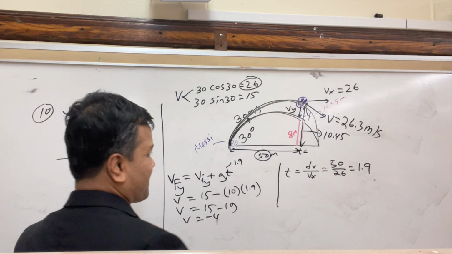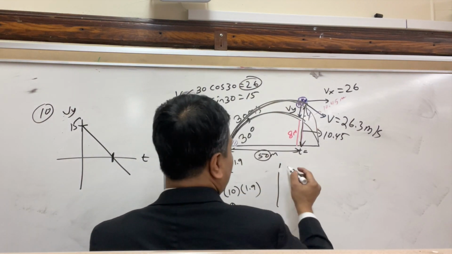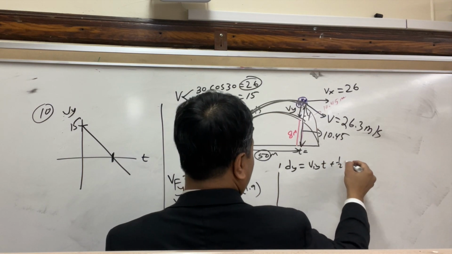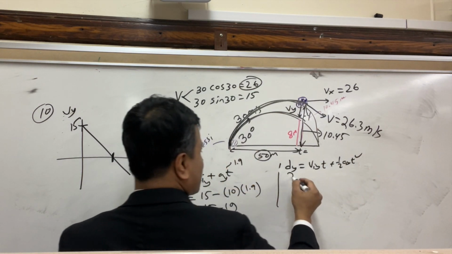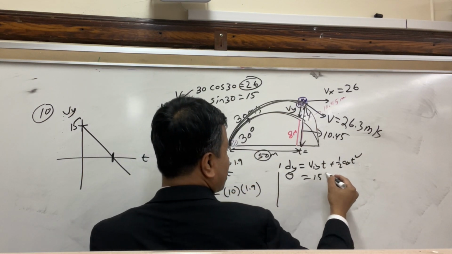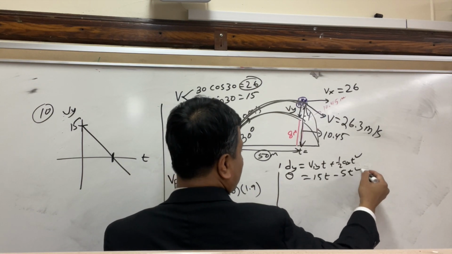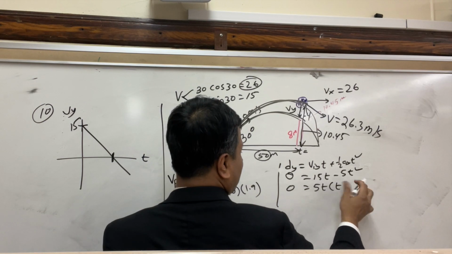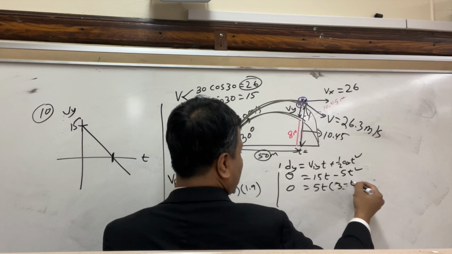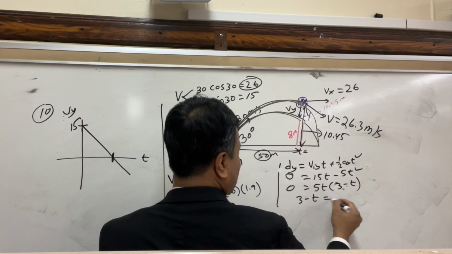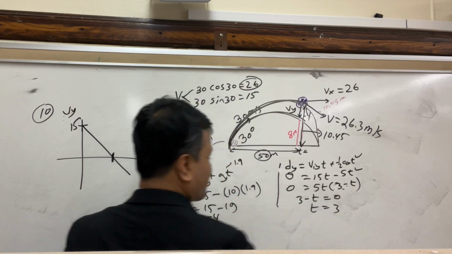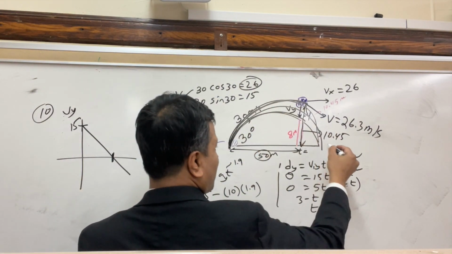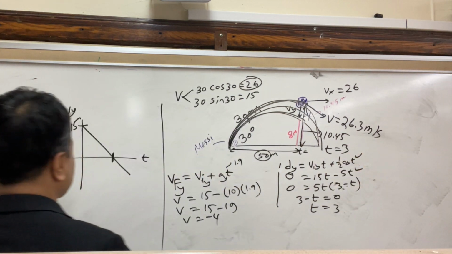Let's see. dy is equal to ViyT plus half AyT squared. 0 is equal to 15t minus 5t squared. 0 is equal to 5t times 3 minus t. So 3 minus t is equal to 0, t is equal to 3. The entire trip from ground to ground, t is equal to 3, so half of that is t equal to 1.5.